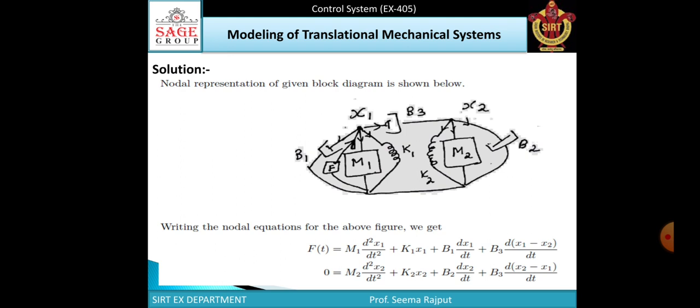And another equation is for x2 displacement. Here there is no force, so force is 0 in that equation. So 0 equal to m2 d²x2/dt² plus k2 x2 plus b2 dx2/dt plus b3 d(x2 minus x1)/dt. That is the equation of the displacements x1 and x2.